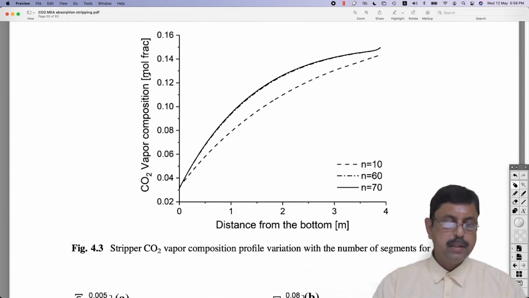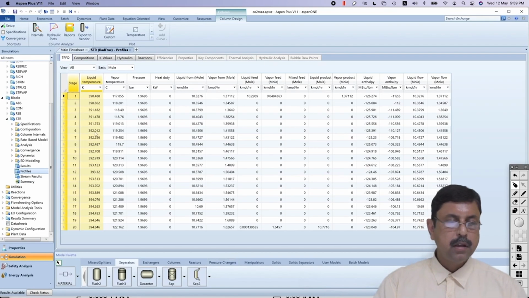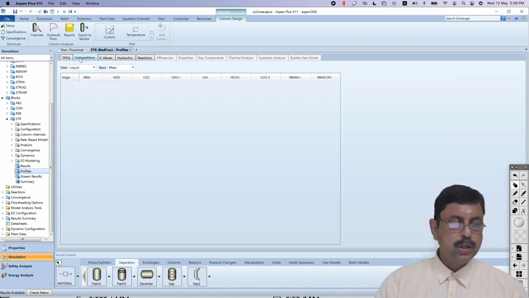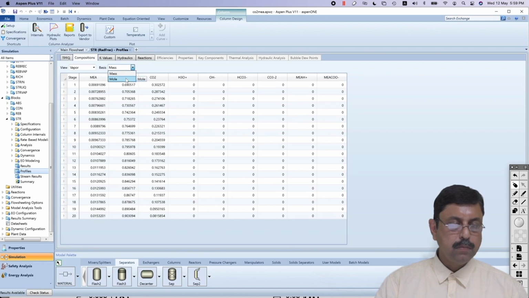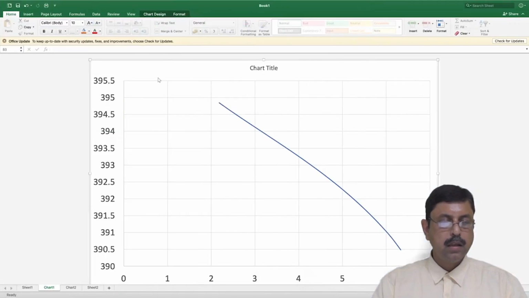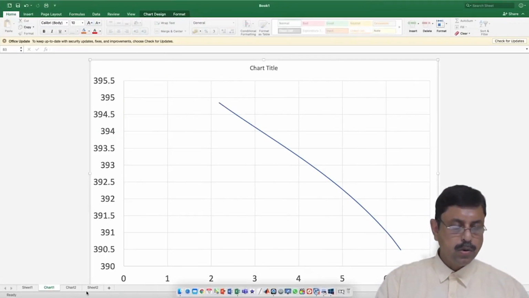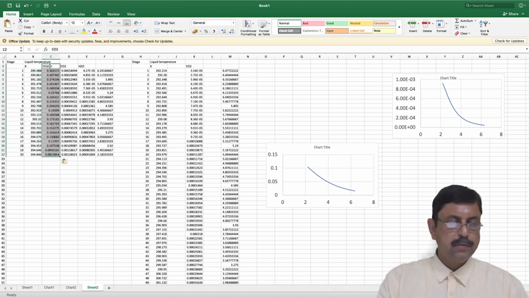And if you want to see the CO2 vapor composition, that also is possible. You have to go to the composition, vapor, and mole, CO2, copy, go to sheet 2, press over here.